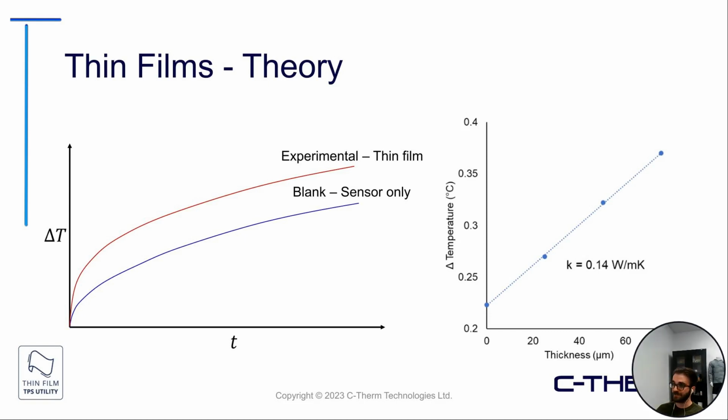We can correlate that temperature shift to a temperature related to the thickness of the film at that point. And the idea here is you're building out these points. You're taking multiple measurements to effectively regress a straight line through to get at the thermal conductivity of the material. This is all handled automatically by the software package, but the procedure involved is essentially this discrete measurement at these different layers.